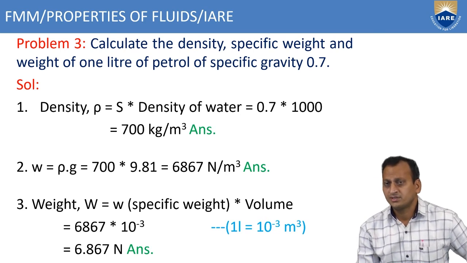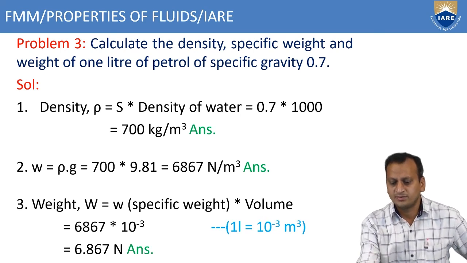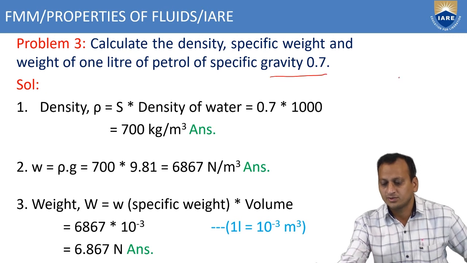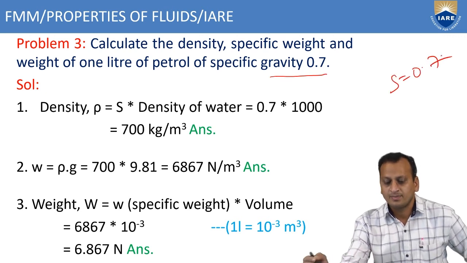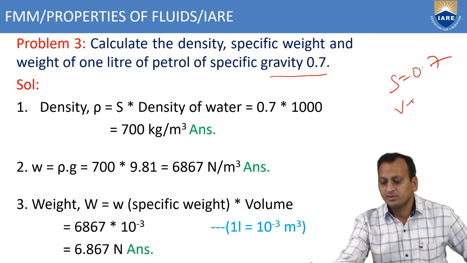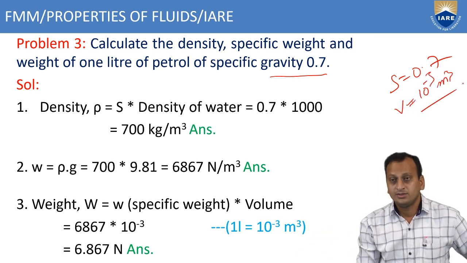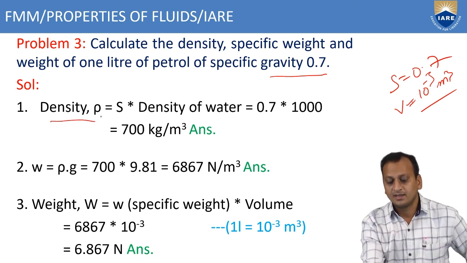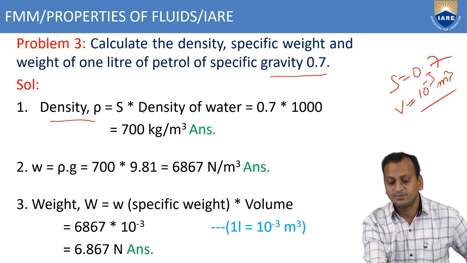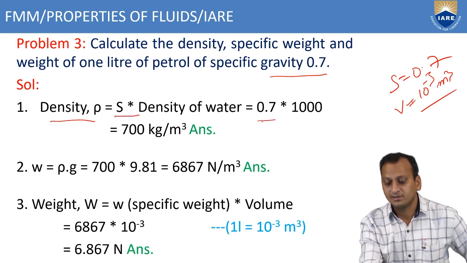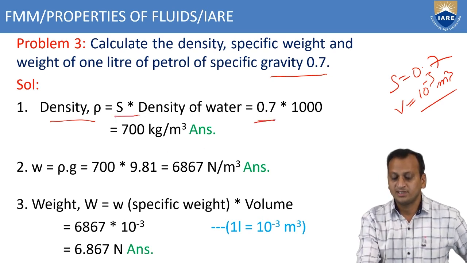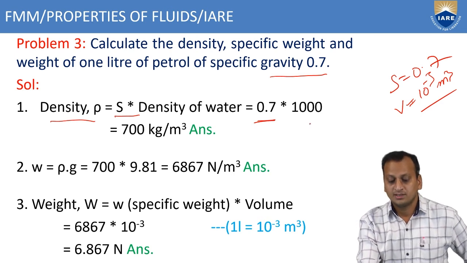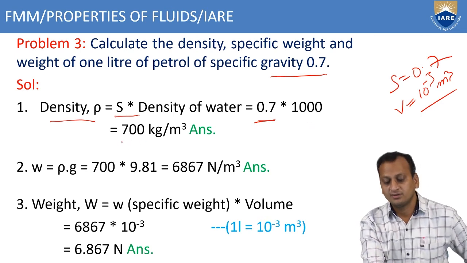Specific gravity S equals 0.7 is given, and volume is 10 power minus 3 meter cube. You have to calculate the density, where density is specific gravity into density of water. If you multiply the specific gravity with the density of water, then you can calculate the mass density of that liquid, 700 kg per meter cube.